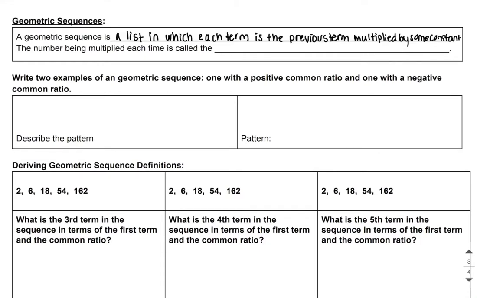That constant that's being multiplied each time is called the common ratio.